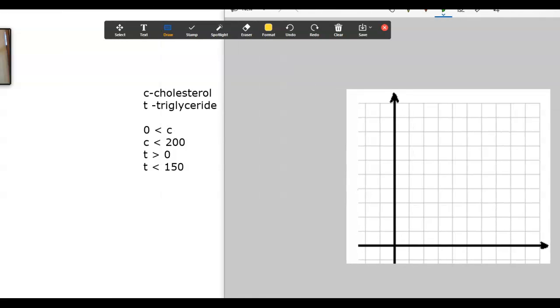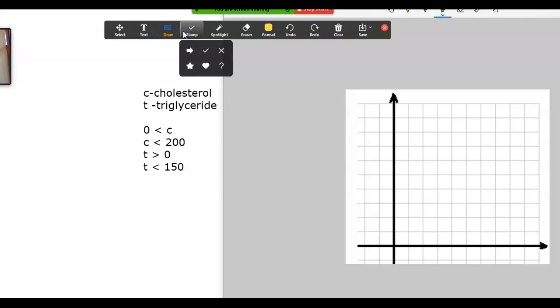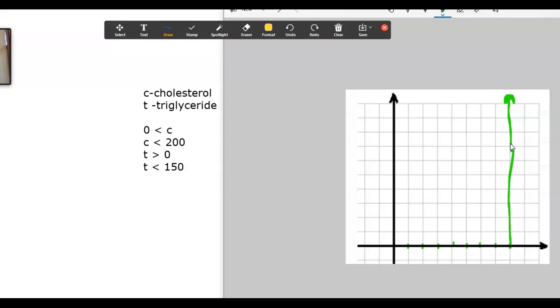So what we can do now is graph out this problem. We know that it has to be greater than 0 and less than 200. So I might go by 25s: 25, 50, 75, 100, 125, 150, 175, 200. I know that cholesterol has to be to the left of 200, but to the right of 0.